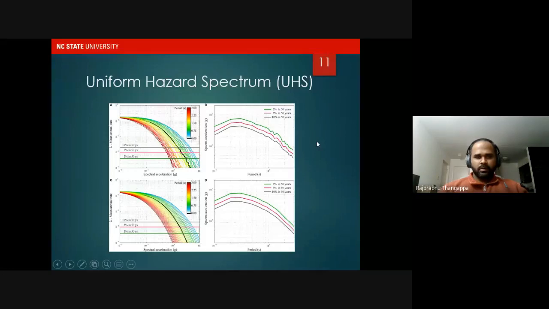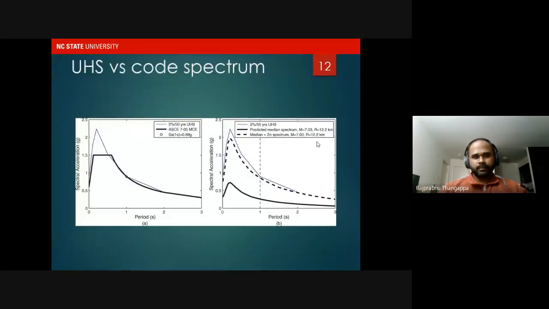So moving on, you would be using the uniform hazard spectrum to construct the design spectrum. The plot here shows the comparison between the uniform hazard spectrum and the design spectrum.